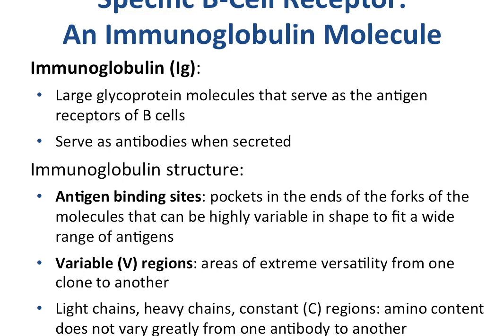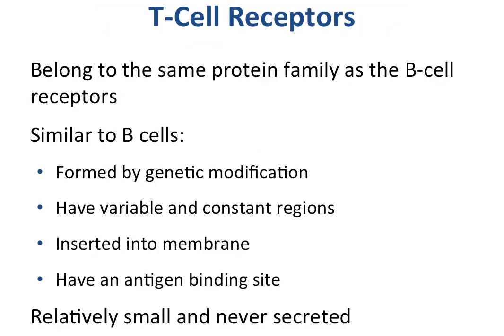The variable region is extremely versatile from one clone to another clone. Immunoglobulin also has a light chain and a heavy chain.